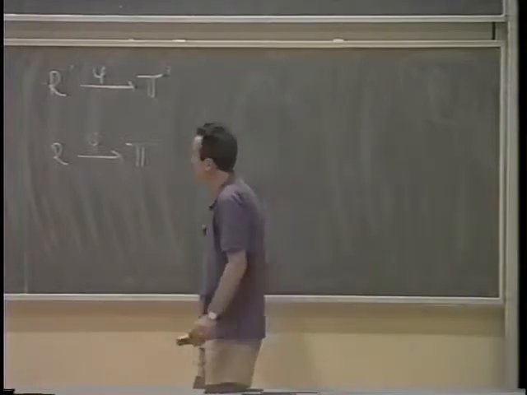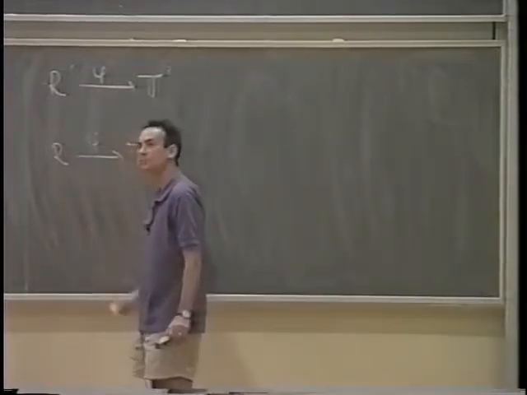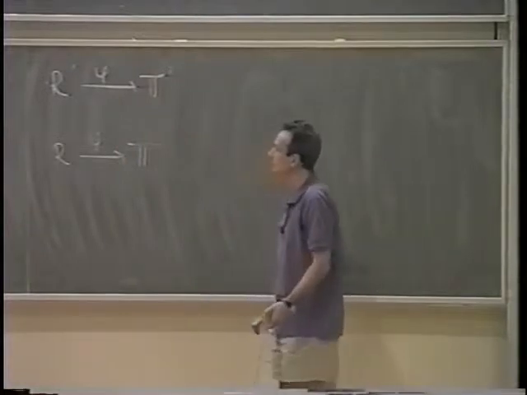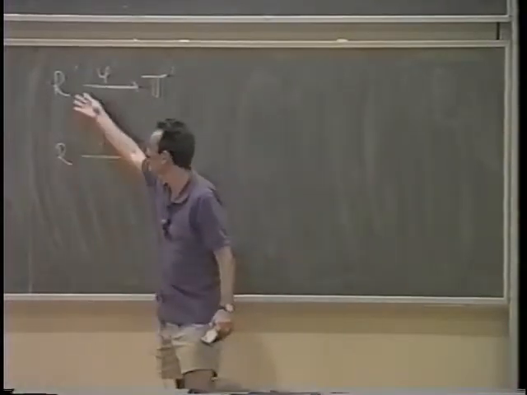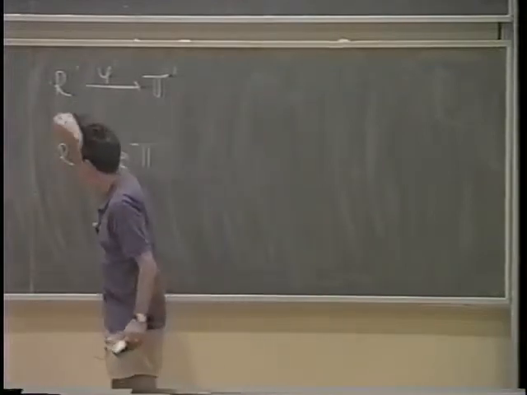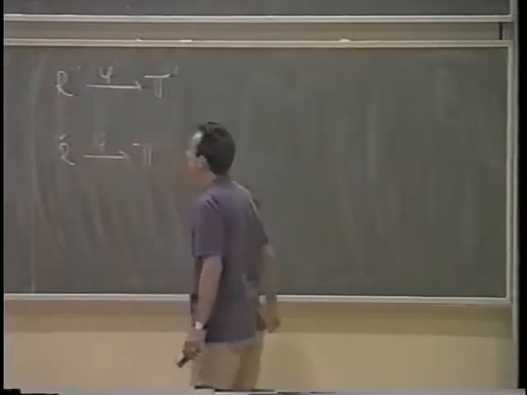First of all, the fact that every deformation of type D is a deformation of type D prime means that the universal deformation of type D is a deformation of type D prime. And that gives rise to a map like this.